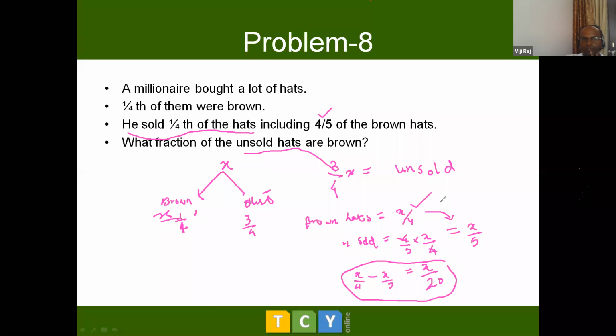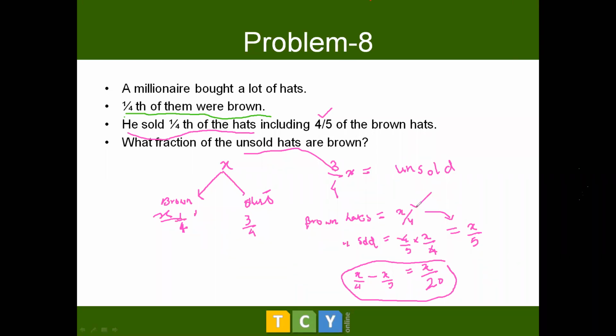Brown hats total number? Yes, sir. Anybody who has not understood this? Sir, I was not. X by 4. So it is mentioned that if total hats were x, then 1/4 of them were brown. So the total number of brown hats will be x by 4. Understood? Yes. Okay. So the next part.